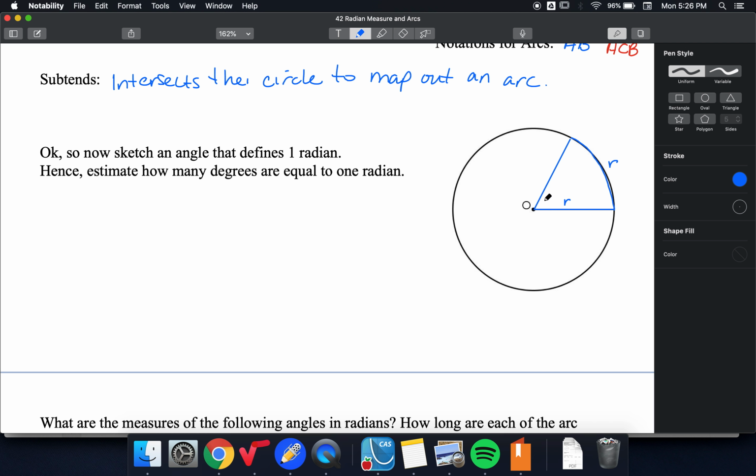So this angle, I would say theta is equal to 1 radian or 1 rad. Well, that looks to me to be about, I don't know, it's more than 45 degrees, maybe it's 60 degrees. But we can use our circle geometry to figure that out exactly.